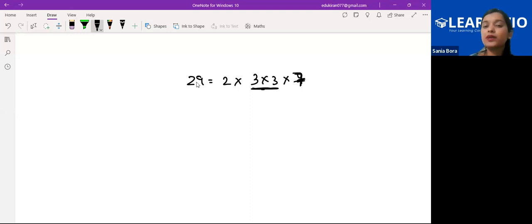So how would I make this a perfect square? Tell me. Multiply by 2 and 7. Yes, I'll multiply 29 with 2 and 7 because they don't have any pair.